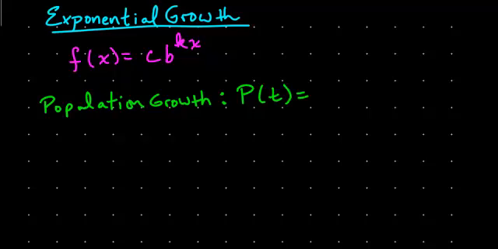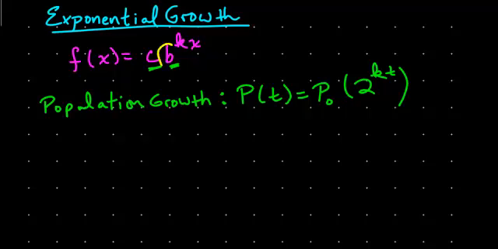So this c here is going to be your initial population, and a lot of times you'll call that p naught, and then times b. For example, if your population growth is doubling or tripling, let's say here that we're doubling every so often, so it's going to be 2 to the kt.